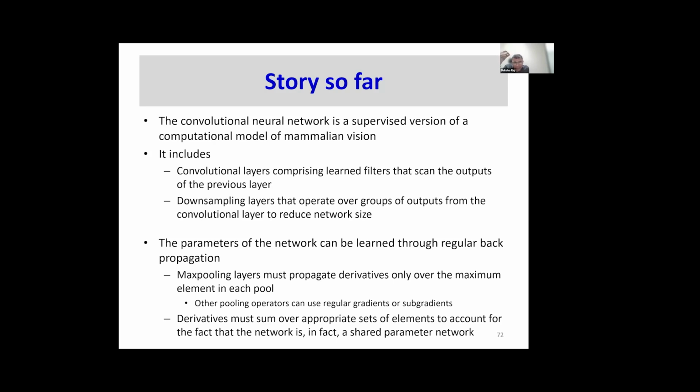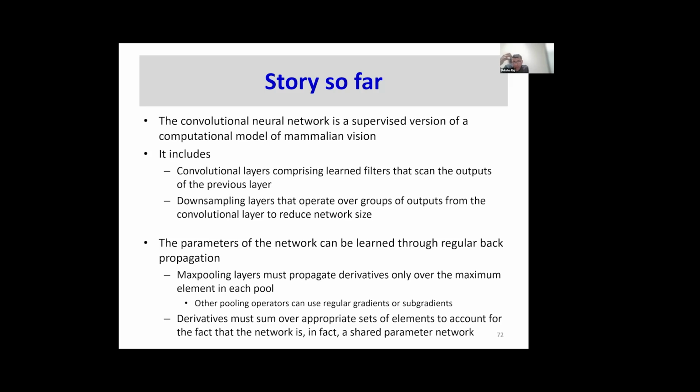And as it turns out, all of the fancy math and the operations that we saw, what they're really doing is ensuring that we sum over the appropriate sets of elements to account for the fact that the network is, in fact, a shared parameter network. So this last bullet, although I have not made it explicit so far, is important. Why did we have to do all of the stuff that we did?